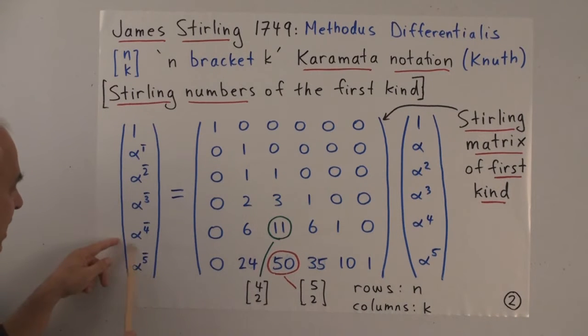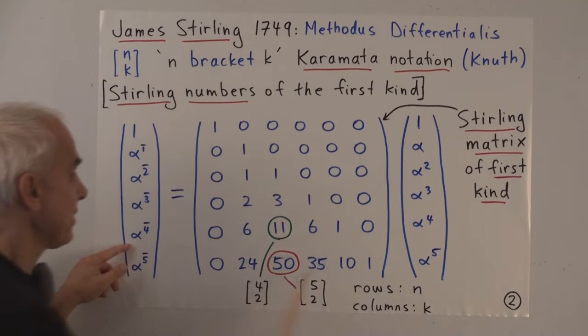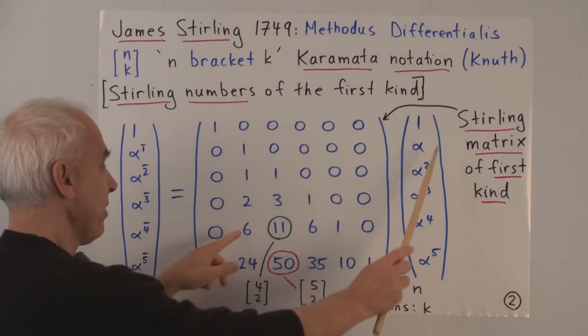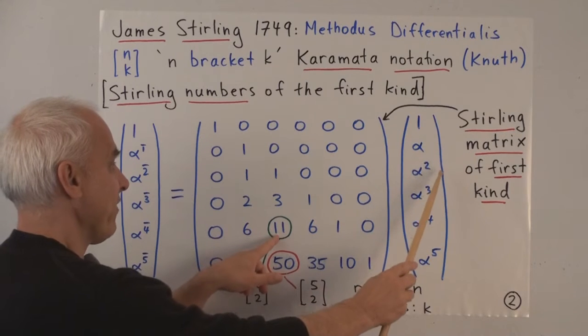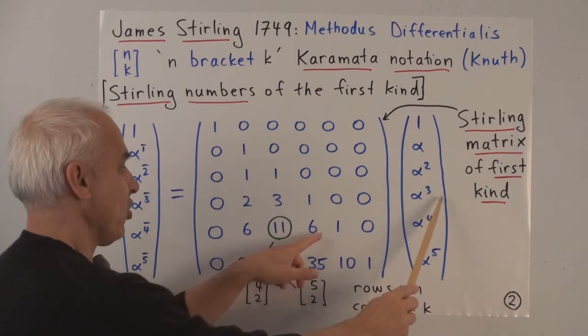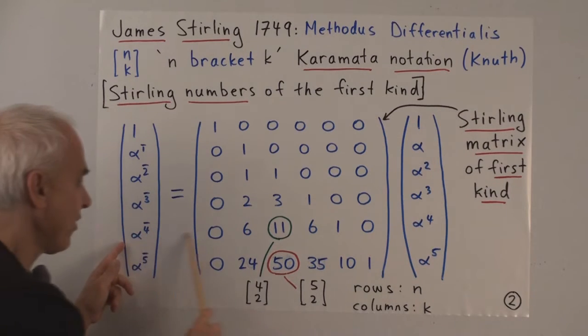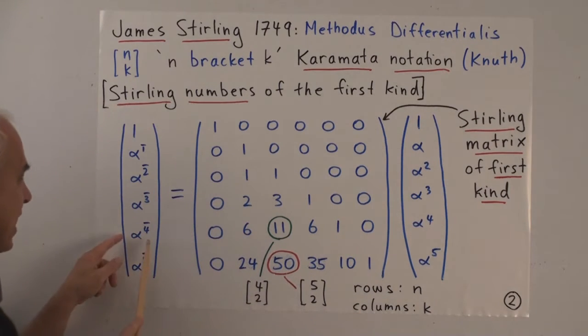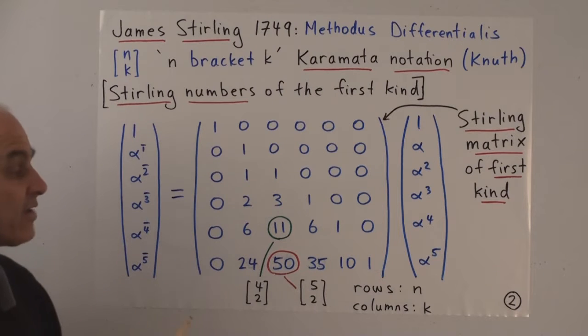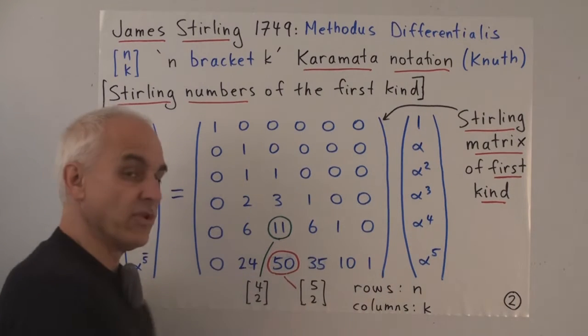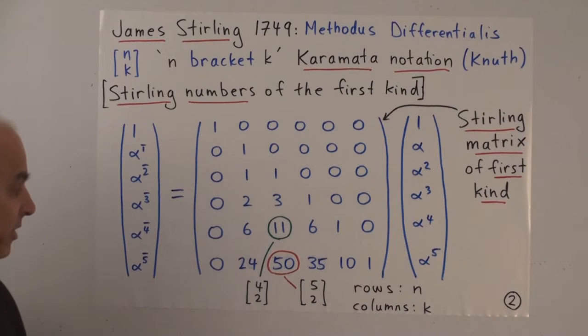So what this is saying, for example, is that the fourth rising power is 0 times 1 plus 6 times alpha plus 11 alpha squared plus 6 alpha cubed plus alpha to the fourth. So this row right here is telling us how to express alpha to the fourth rising in terms of our usual standard basis of our polynomials.